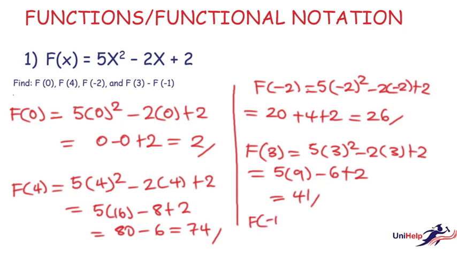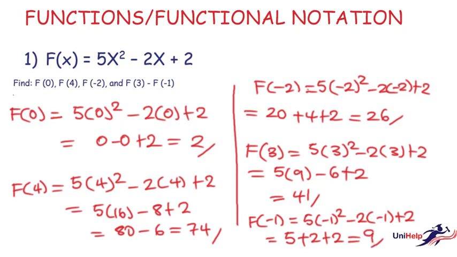F of negative 1 is equal to 5 into negative 1 all squared minus 2 into negative 1 plus 2, which gives 5 plus 2 plus 2, which is equal to 9. That is, f of 3 is equal to 41 and f of negative 1 is 9.